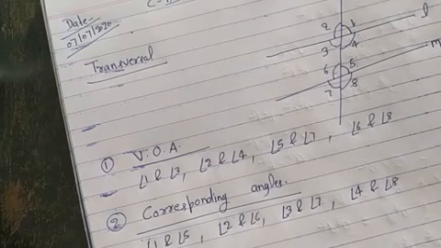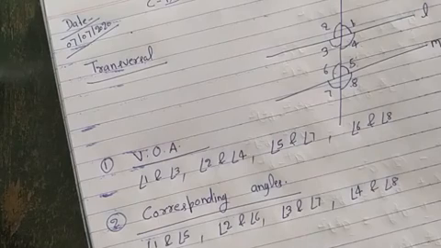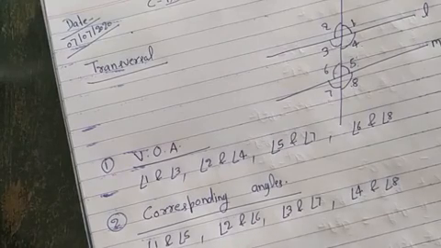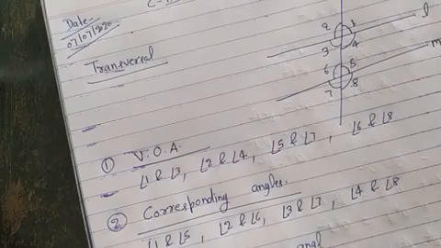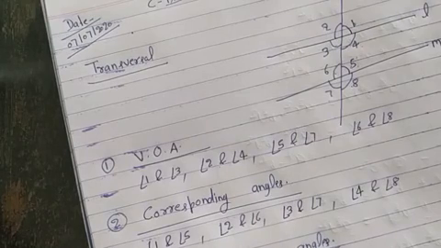Third variety is alternate interior angles. Which angles are alternate interior angles?